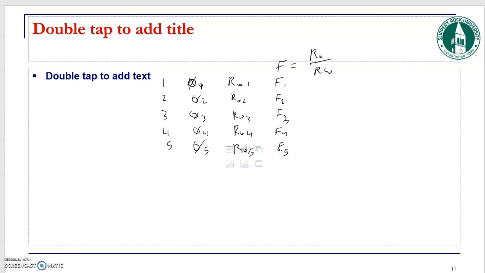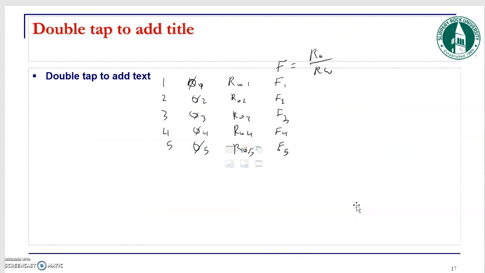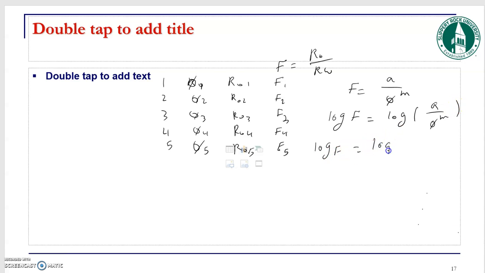So what you can do in order to find the constants of this FR equation, A over phi to the power of M, is to write the equation: F is equal to A over phi to the power of M, and take a log of each side. Then log of F is equal to, using the log rules, log A minus M multiplied by log of porosity, right?